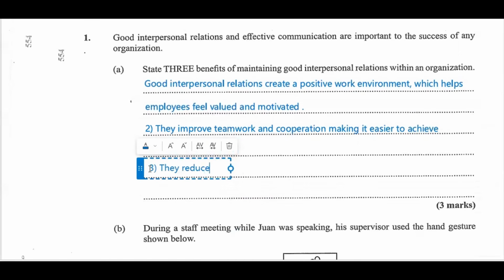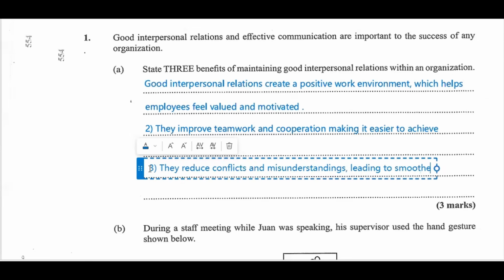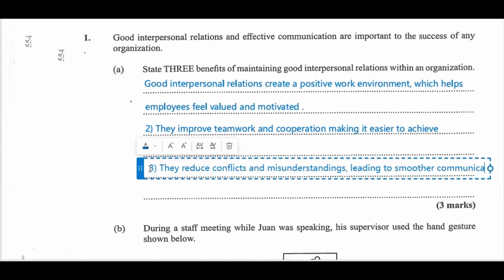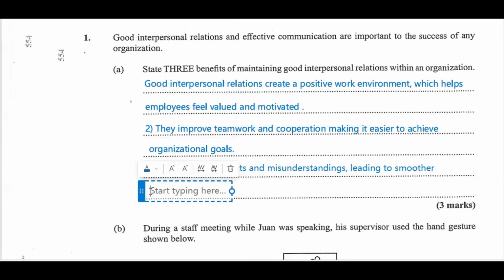They reduce conflicts, misunderstandings, leading to smoother communication among staff. Right? 3 marks there.